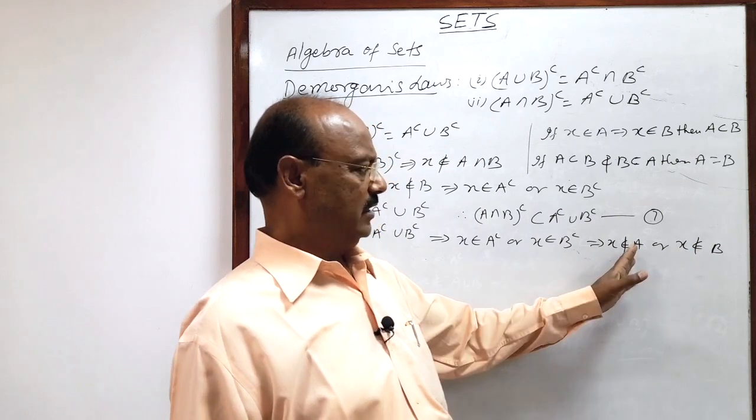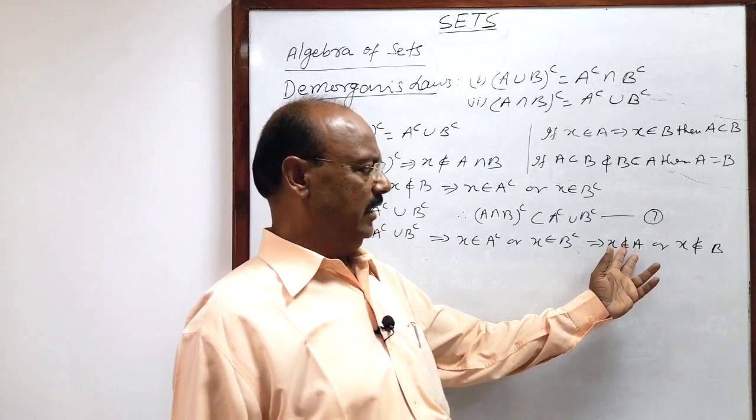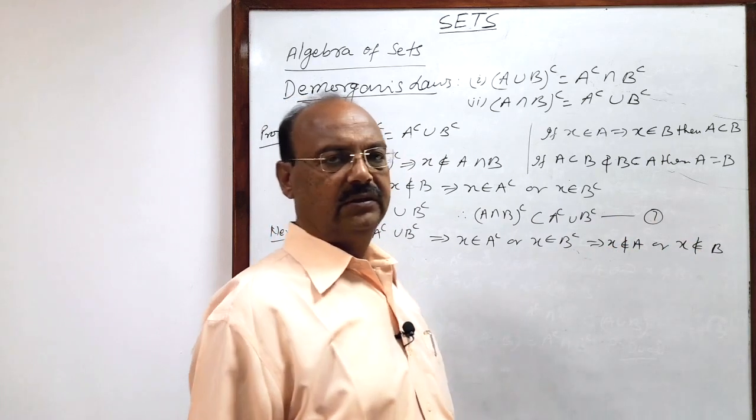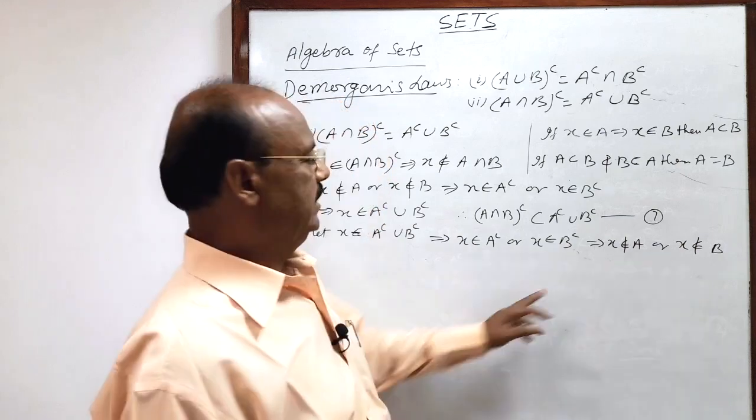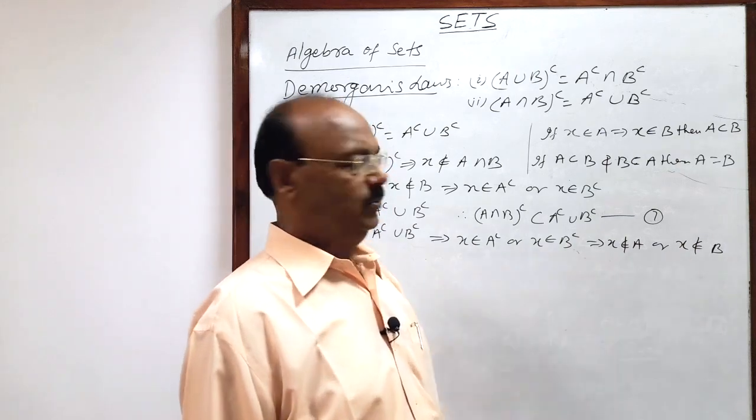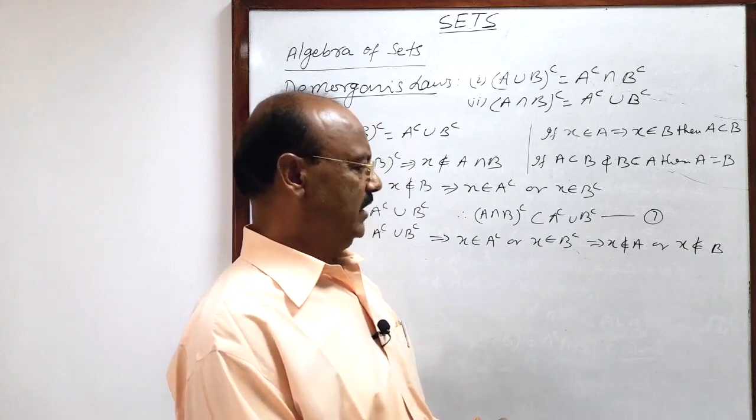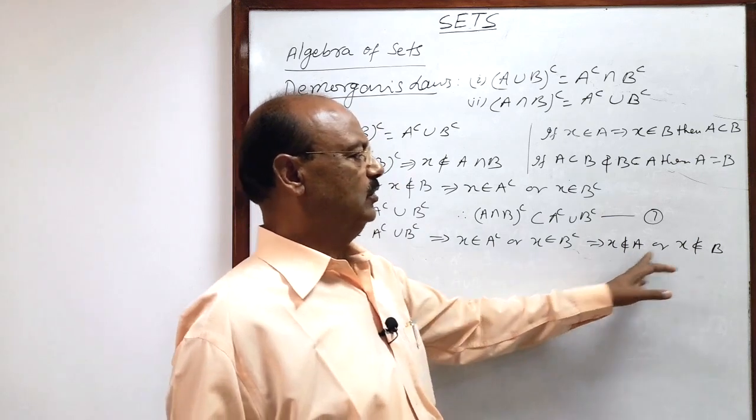It means X is neither in A nor in B. So X will not belong to the intersection of these two sets, because for the intersection of sets X must belong to both the sets.